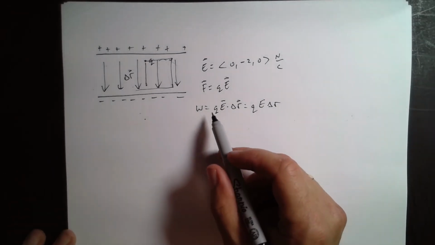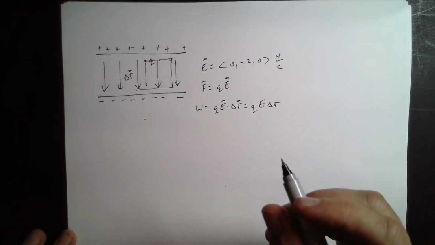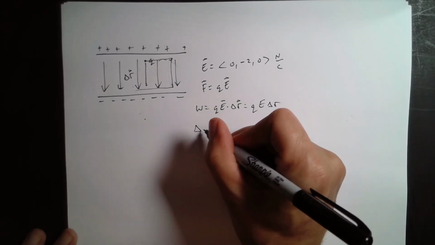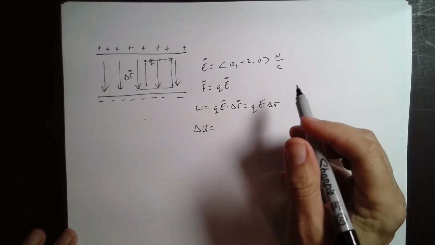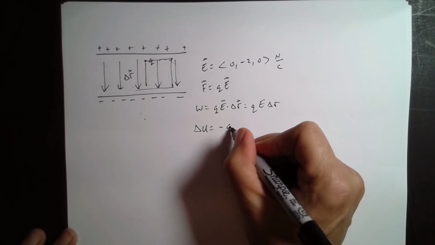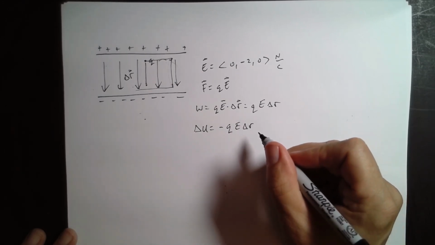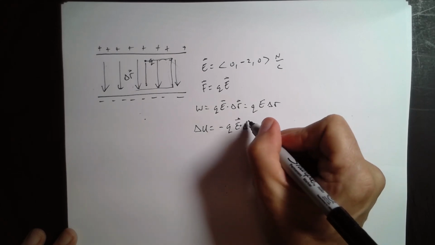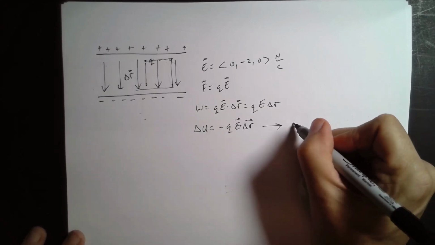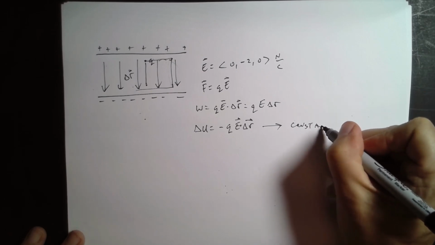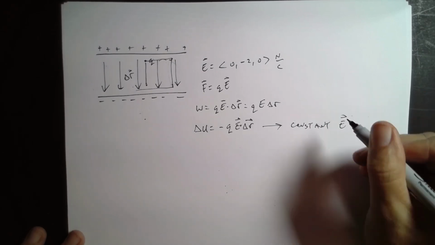So that means I can move that to the other side, and I get the following for the change in electric potential energy: delta U equals negative Q E delta R. And this is for a constant electric field only.